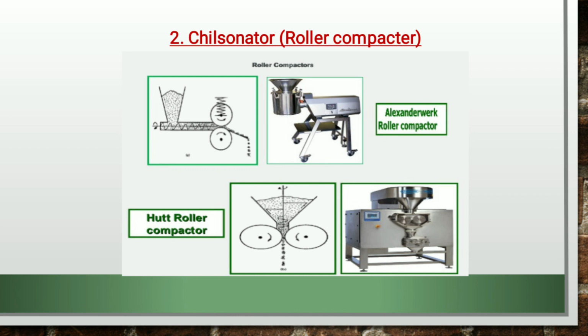Other than these two, we also have a third type, called inclined orientation, that is a position between horizontal and vertical. The use of an inclined type of roller compactor decreases the loss of material due to bypass as compared to horizontal orientation.